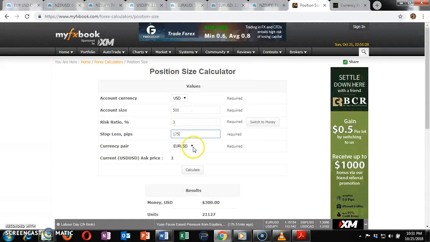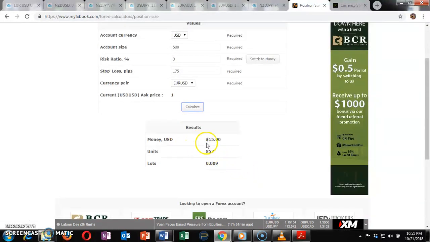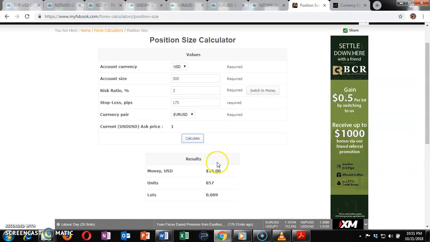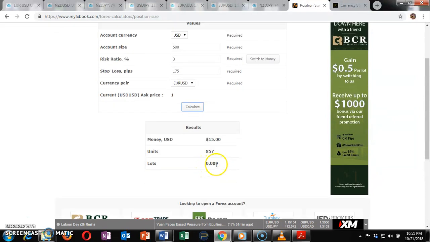Always remember to change the currency pair here, and then you calculate. It means you're going to be sending $15 into the market. You're buying 857 units of Euro USD, and your lot size is going to be 0.009.